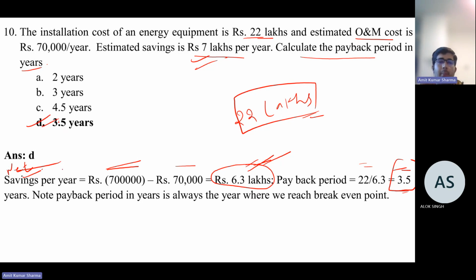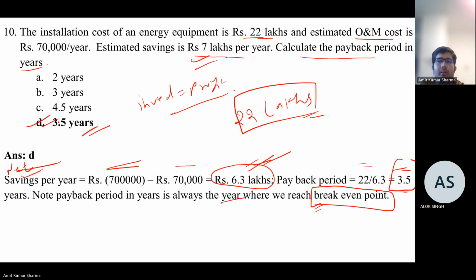Okay. And the payback period in years is always the year where we reach the break-even point. So at this point, at 3.5 years, it means break-even point. It means that invested equal to profit. So the money you have invested becomes equal to your net profit.